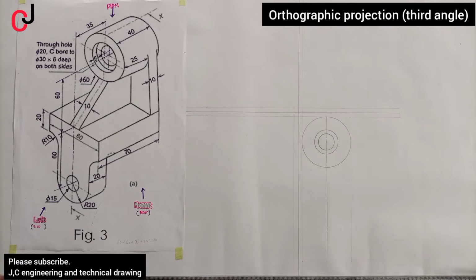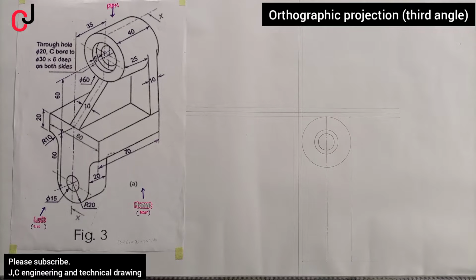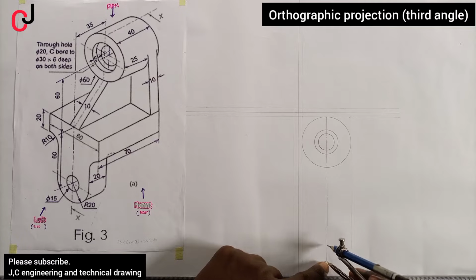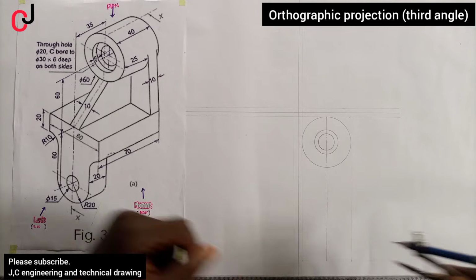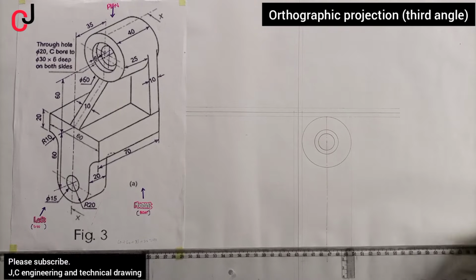Then the next thing, you know that from the base of the diagram to the center of our small circle is given to us as radius 20 millimeter. So you measure 20 millimeter, and then after taking your 20 millimeter with your compass, place it at the base. From our center line, indicate the point, and then from our point, you draw a center line.